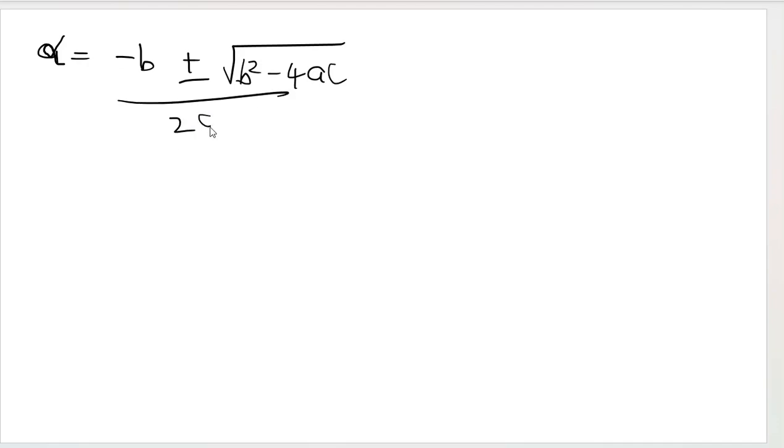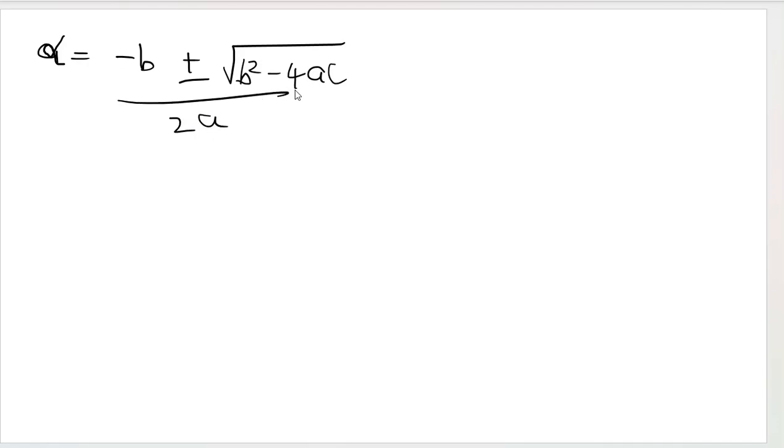Now we use the quadratic formula. The quadratic formula says what? Any root, alpha, is given by minus b plus or minus the square root of b square minus 4ac, upon 2a.